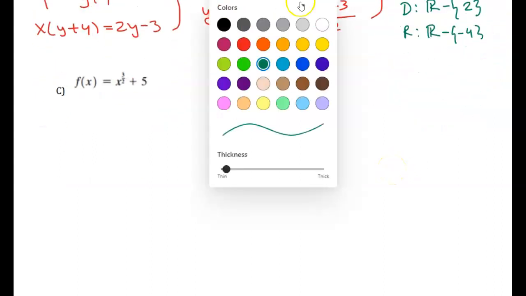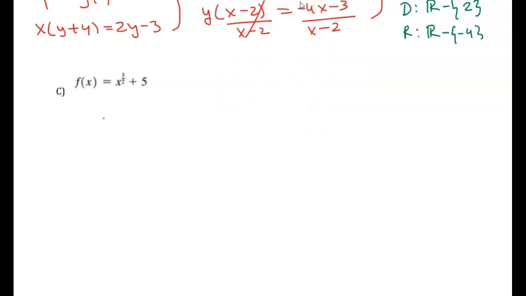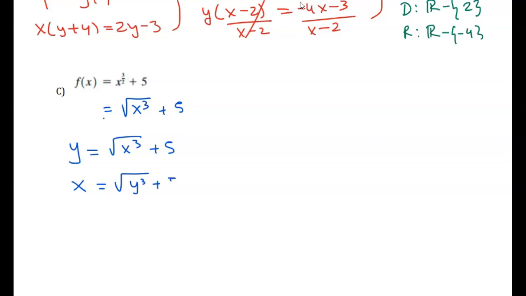All right, let's look at this one. We have f of x equals x to the 3/2 plus 5, which is like square root of x cubed plus 5. So y equals square root of x cubed plus 5. Switch x's and y's. So x equals square root of y cubed plus 5.